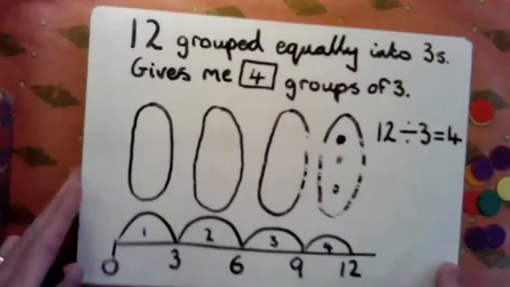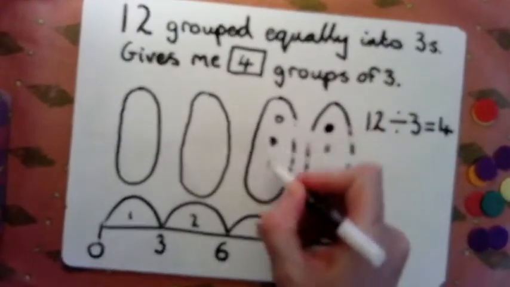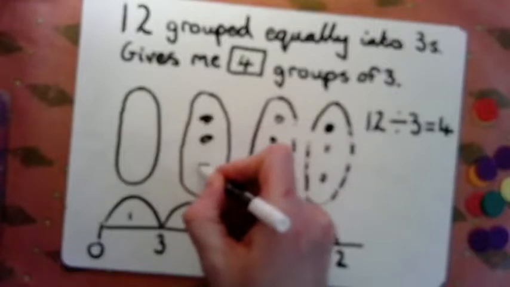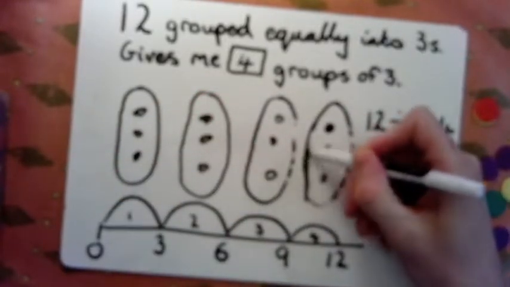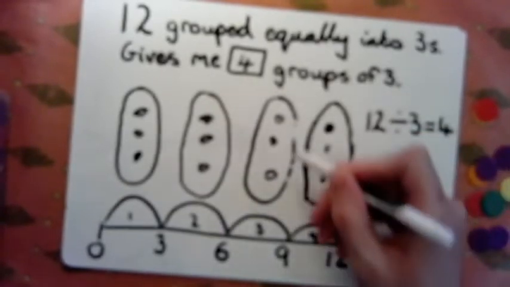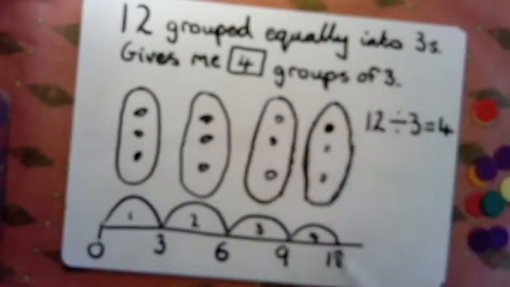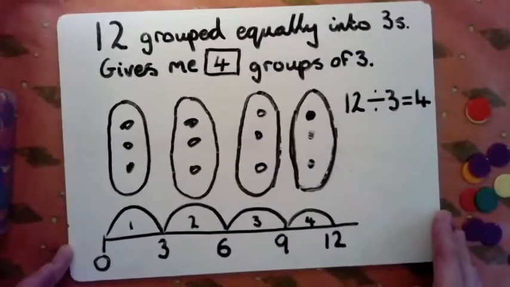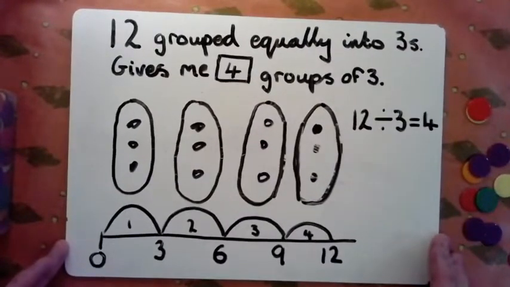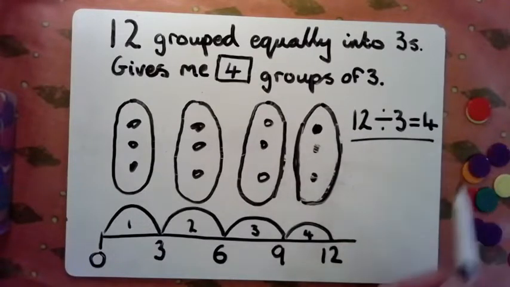And then here we go. 1, 2, 3, 1, 2, 3, 1, 2, 3. So you can do a pictorial version of the counters, grouping it into 3, if that's a bit easier for people. So you should get something that looks a bit like that for your question. You'd have the number sentence, you'd have the number line of how many you've grouped it, as well as it.